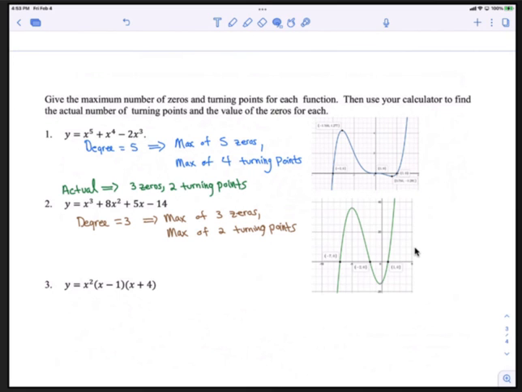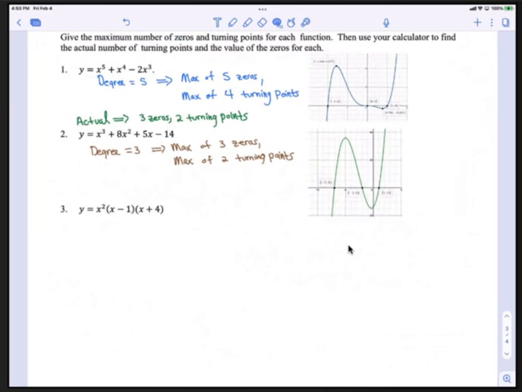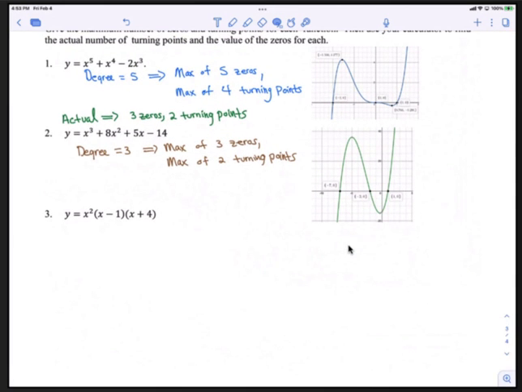Here's the actual graph, and we can see that there are 1, 2, 3 actual zeros and 1, 2 turning points. So the actual number of zeros is 3, which matches the maximum number 3. And the actual number of turning points is 2, which matches the maximum number of turning points.